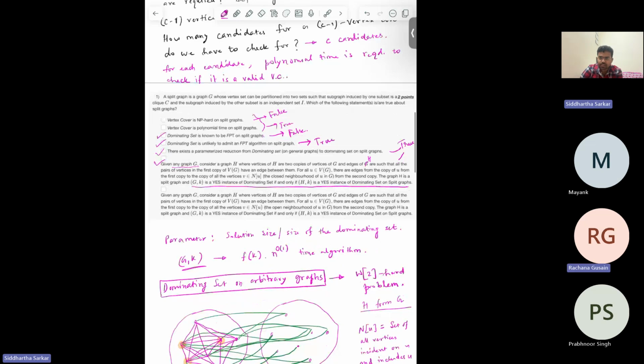So now this is the last statement that we will see. In fact, these two statements are almost the same, except that there is a small difference.